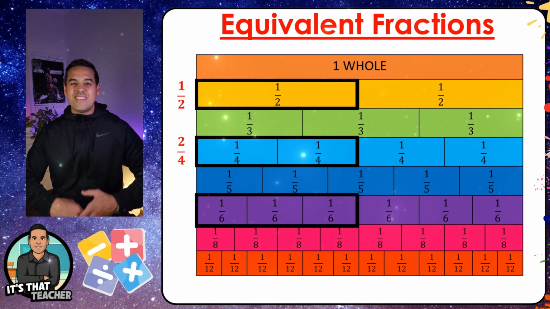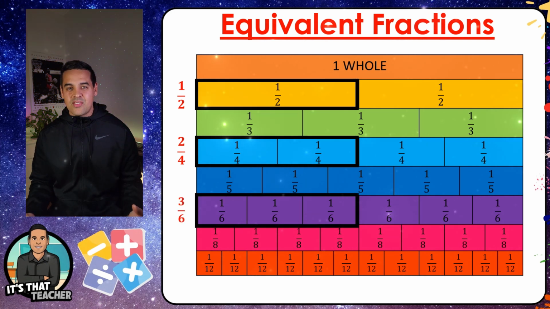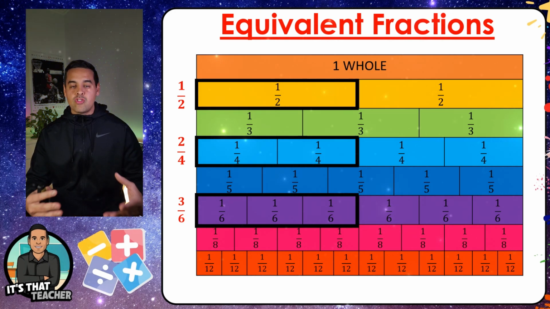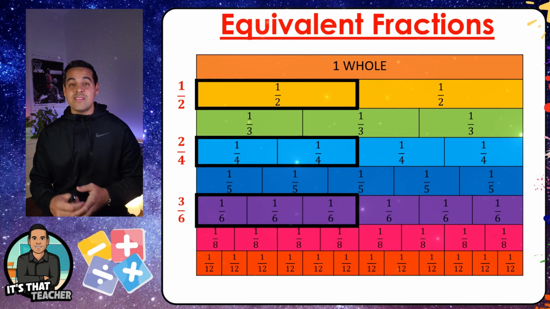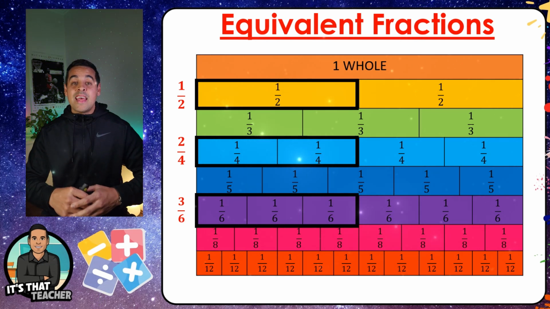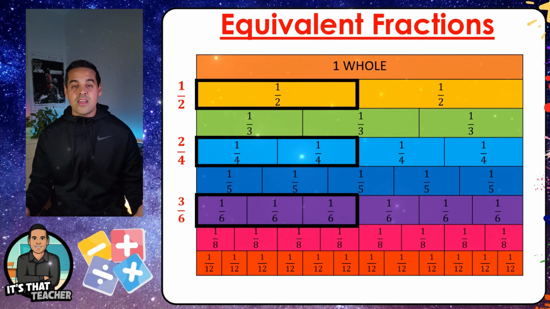Now we're going to move to the 6ths like we did before. We have 3/6, okay? So 3/6 is equivalent to 2 quarters and 1/2. You can see there that the black outline that we've highlighted is equivalent. It's exactly the same size as the other fractions.